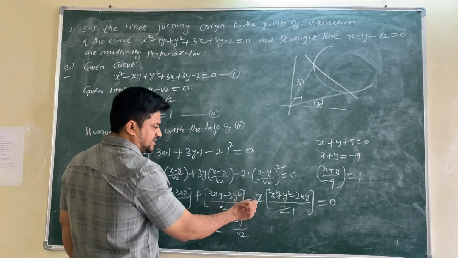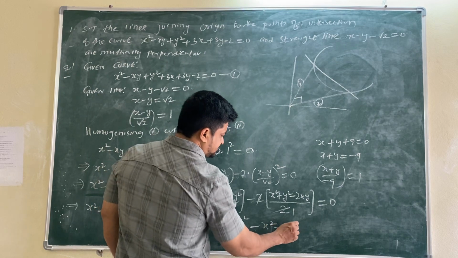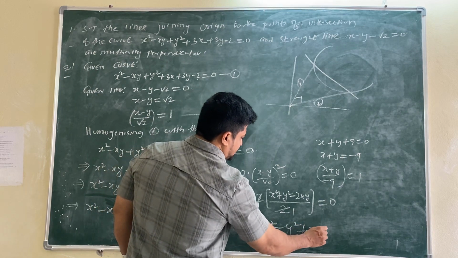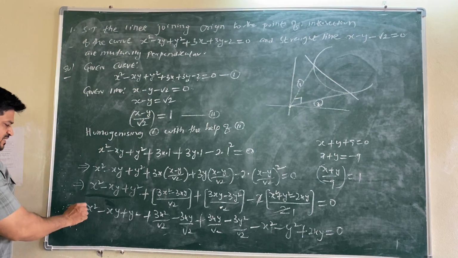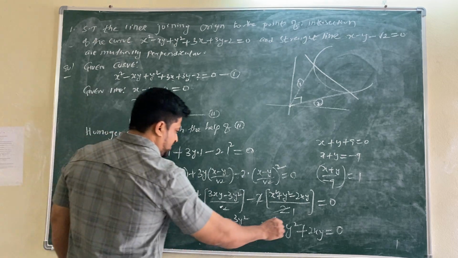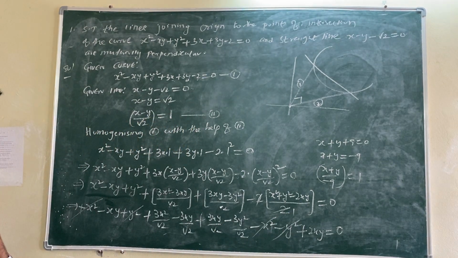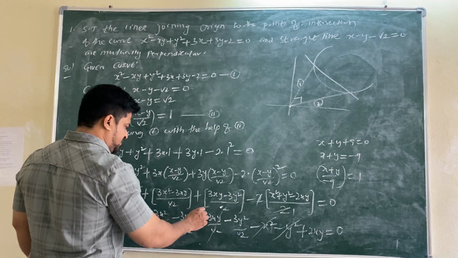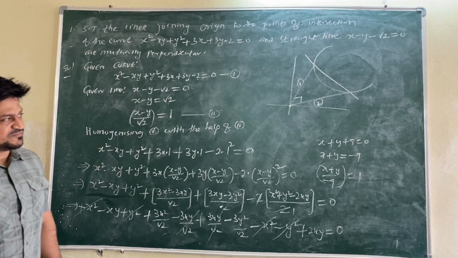Now here minus sign, minus x square minus y square plus 2xy equals to 0. Now whatever terms with like and unlike signs we can cancel. x, y square cancel. Now we have to write down plus 3xy by root 2 minus 3xy by root 2 cancel. Whatever x square terms are there, that we will write first.